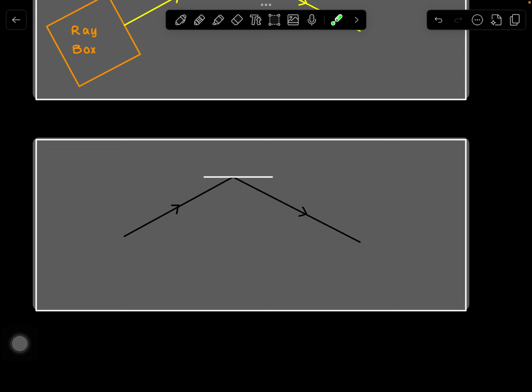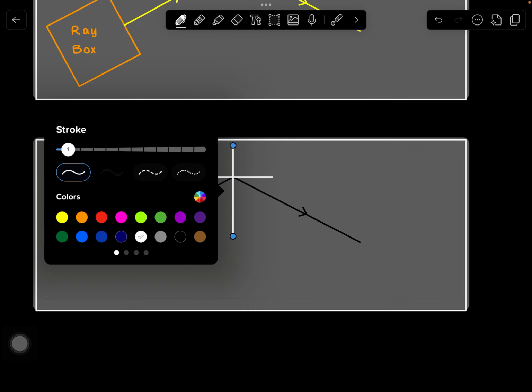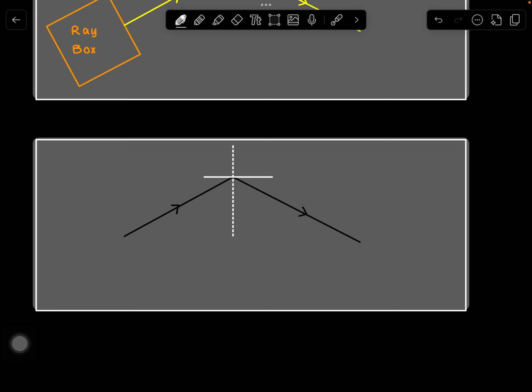अच्छा, अब आपने अपने mirror की surface को भी trace कर लिया हुआ है, अपनी ray को भी trace कर लिया हुआ है. Now what you're gonna do is draw a line here that is perpendicular, a dotted line that's perpendicular to the traced mirror surface. फिर आपने एक protractor से, this thing that looks like this in your geometry box, and it has like readings for different angles, protractor. उससे आपने क्या करना है, आपने ये वाला एंगल भी मेजर करना है और ये वाला एंगल भी मेजर करना है.